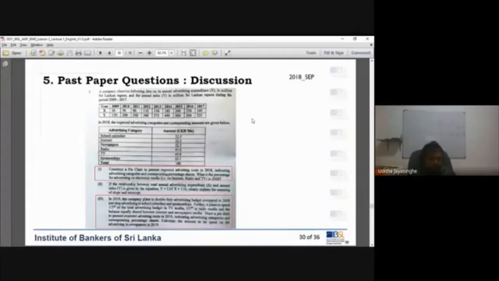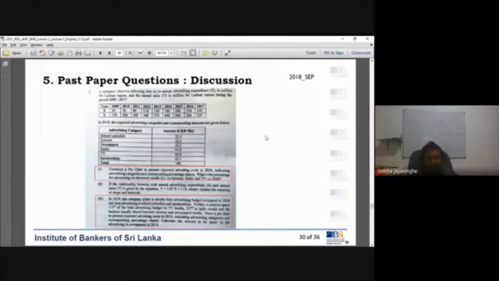So the norm should be, you spend more on advertising, you should get more sales revenue. And at a glimpse of this data set also, you can identify some similar pattern. So for 50 advertising expenses, you get a sales revenue of 150. But when you increase it significantly, 240, you get a higher sales revenue.